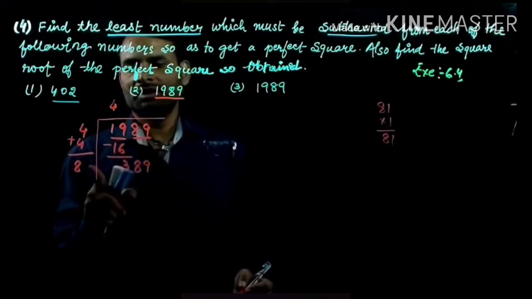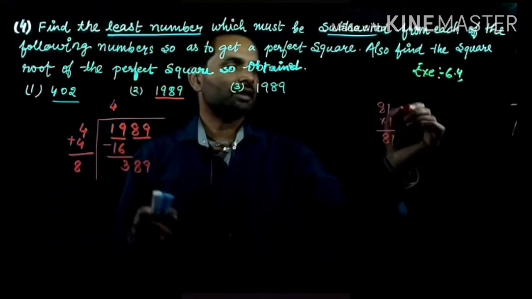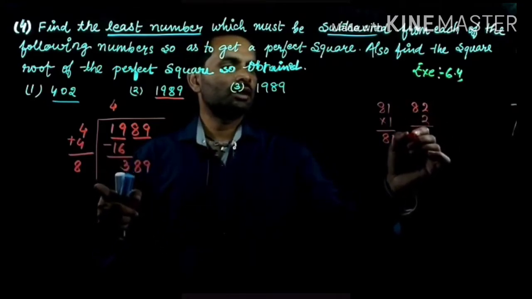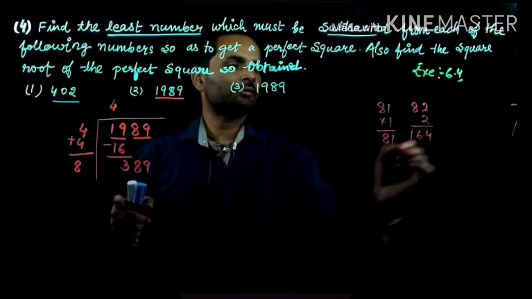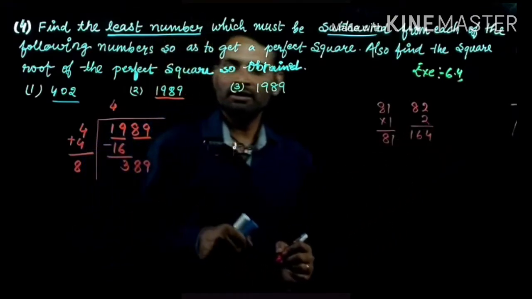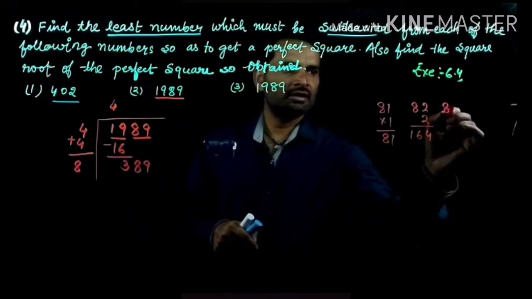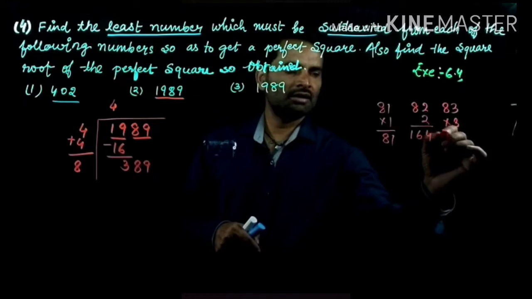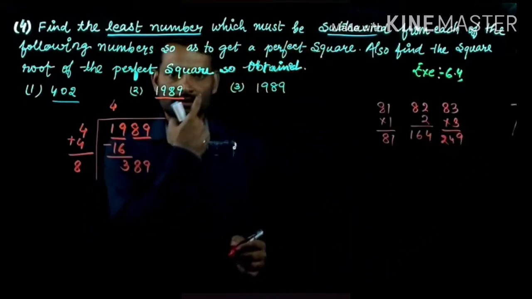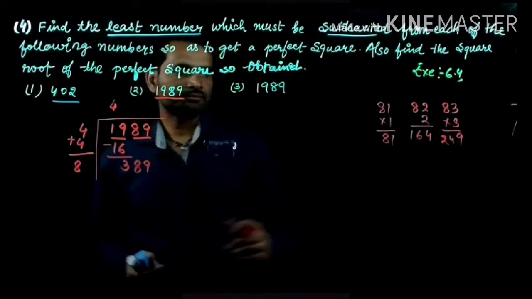Suppose you write 1 here, 81 is very much less. Okay, second is 80. Suppose you write 2, then 2 into 82 is 164... it is 160-something, and compared to 389 it is a very small number. Third is 83, 3 into 3 is 9, it is 249, which is small.